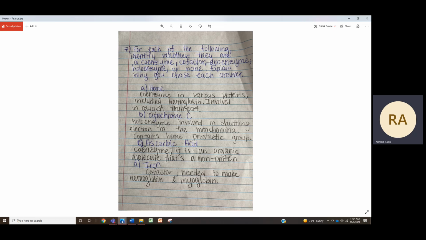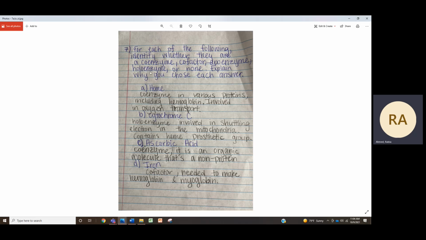So basically just know the overall concept of coenzyme, cofactor, apoenzyme, and holoenzyme. Coenzyme basically helps the enzyme function. Cofactor makes something, as you can see in the iron. And then the apoenzyme is without the prosthetic group. So essentially the prosthetic group helps to function.